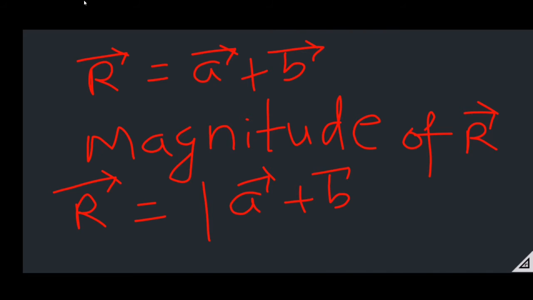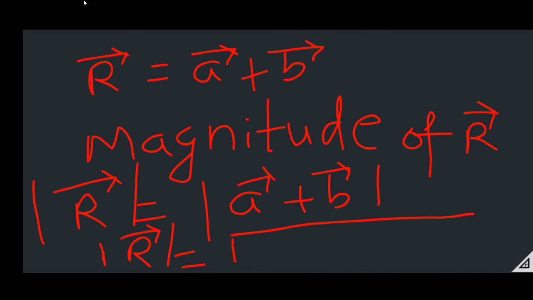So this is the magnitude of R vector, and it is obtained by this formula: magnitude of R equals root under a square plus b square plus 2ab cos theta.